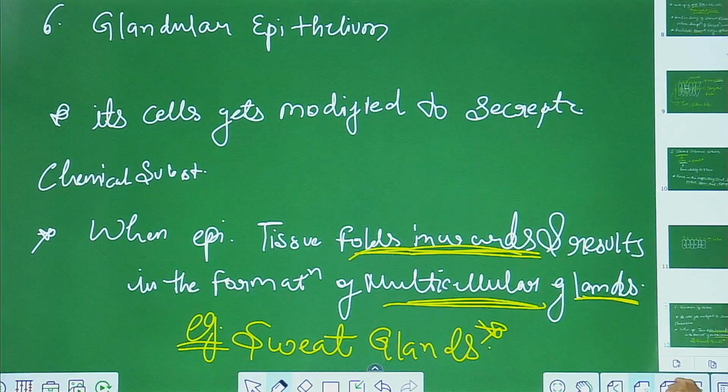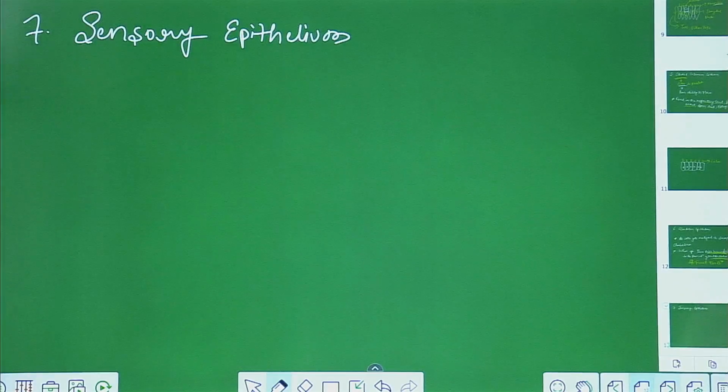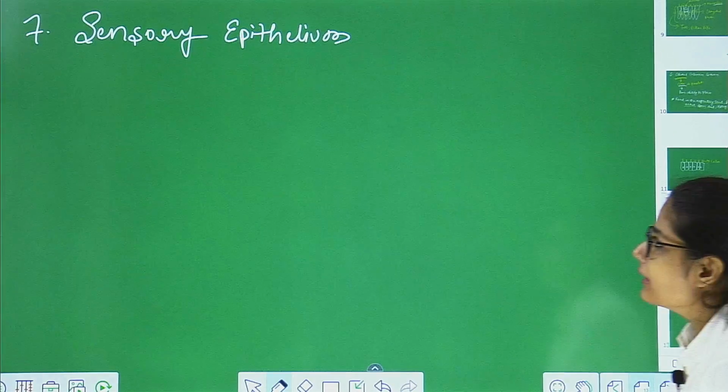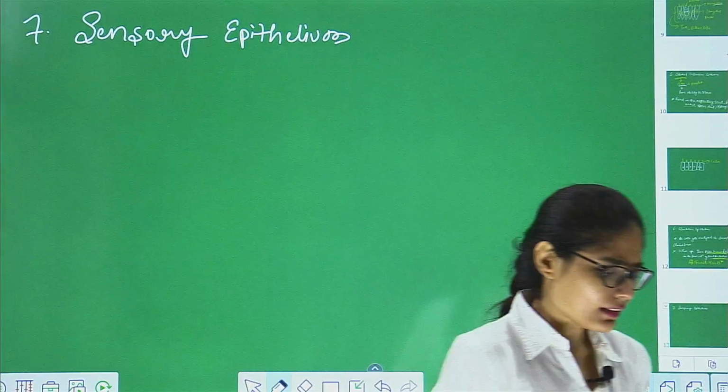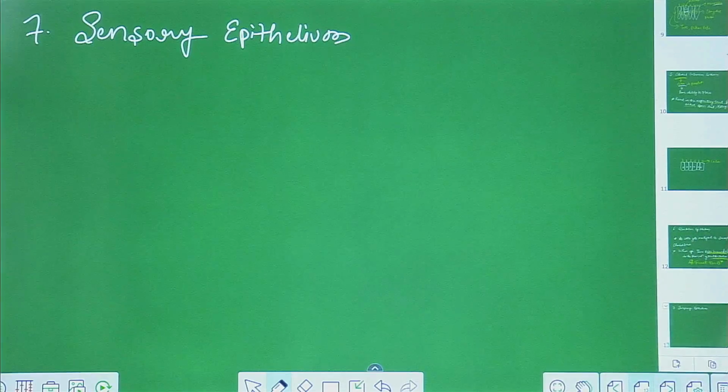Yes. So the last, this is the last type of epithelium, the sensory epithelium. Now by the name itself, sensory, that means they will somewhere be present in the nerve, right?